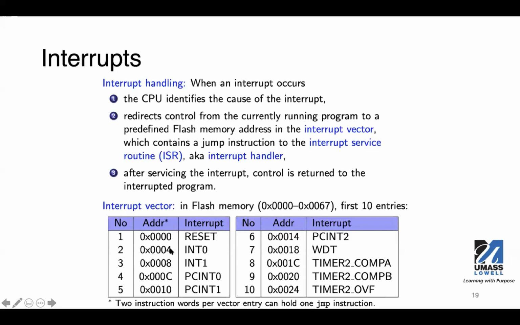You will see that you have a jump instruction at all these places, and the target of this jump will be a different interrupt service routine, obviously. After serving the interrupt, control is then returned to the interrupted program. So the processor will resume the main task that it was executing before the interrupt happened.